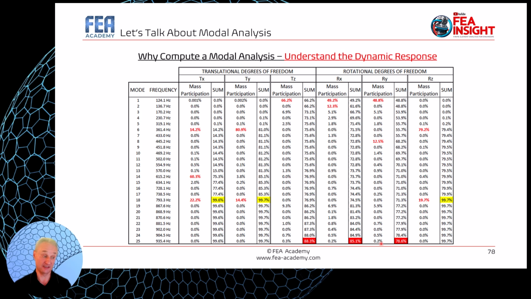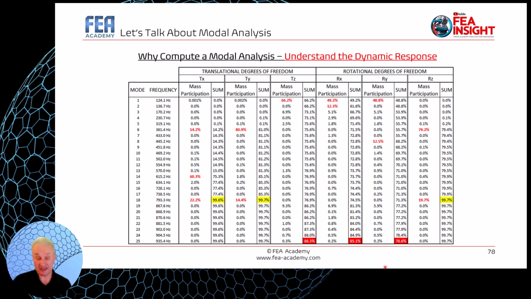And it is even worse because in rotation Y, it's only 78.6% of the mass. So 25 modes is not enough. I need to go further, probably 50 modes or maybe 100 modes.